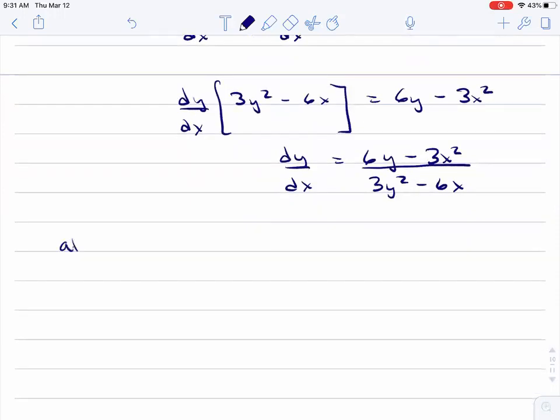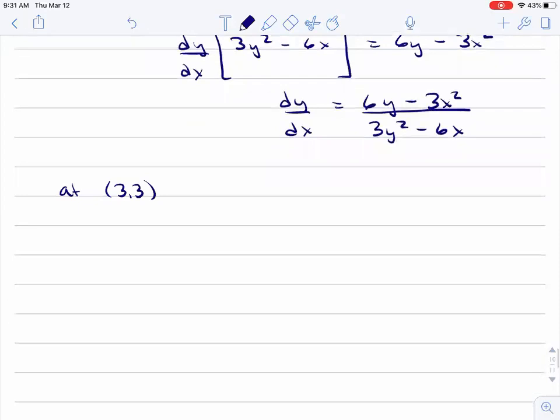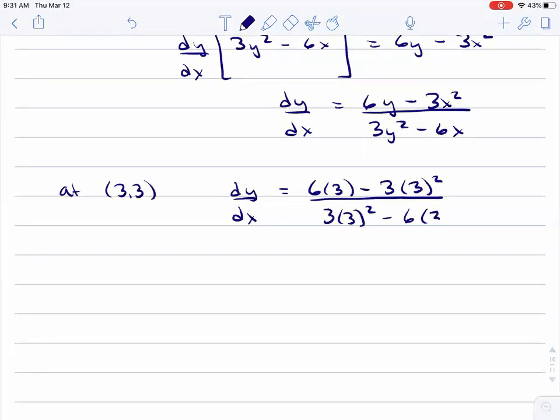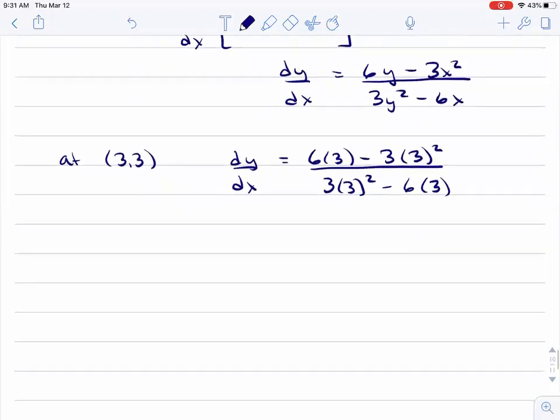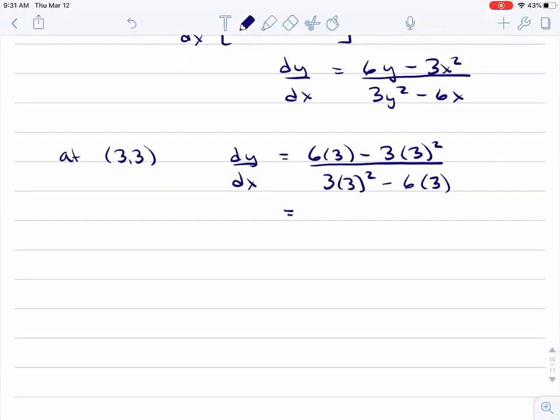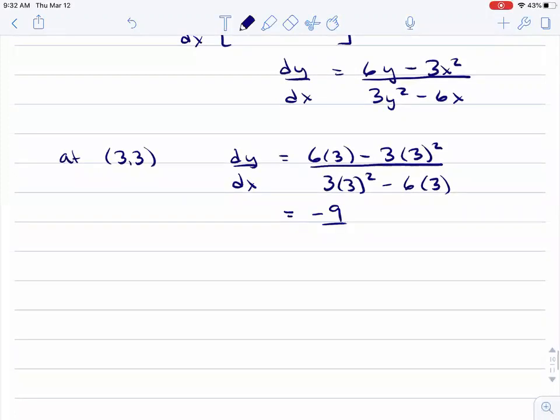And so at (3, 3), the slope of the tangent line dy/dx is (6 times 3 minus 3 times 3 squared) over (3 times 3 squared minus 6 times 3). I'm looking at -9 over 9, which is -1.